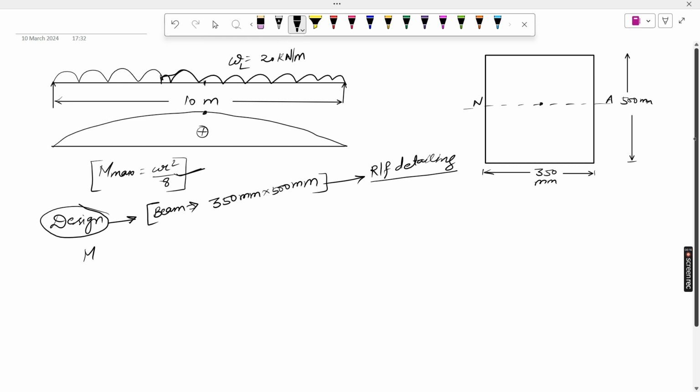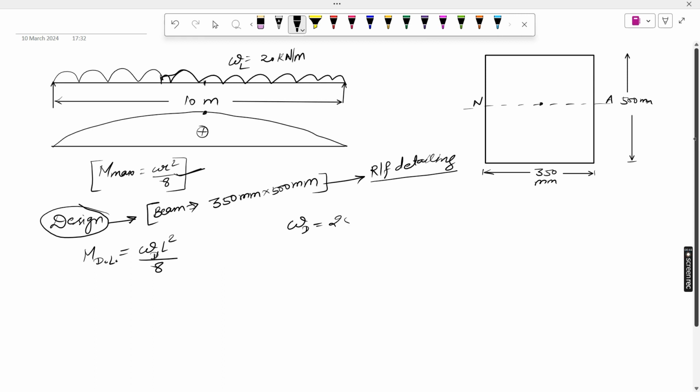The maximum bending moment due to dead load, because here is the dead load of the beam also, dead load means self weight. What is the self weight? You can easily calculate the self weight. What is the value of bending moment? It becomes WD L square by 8, and the WD is the self weight, the dead load.